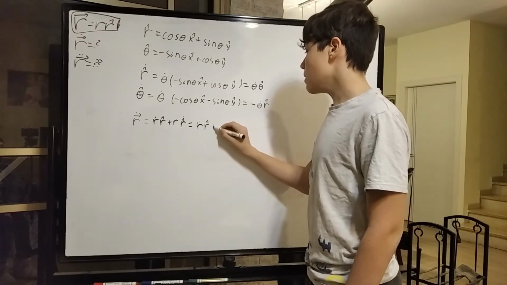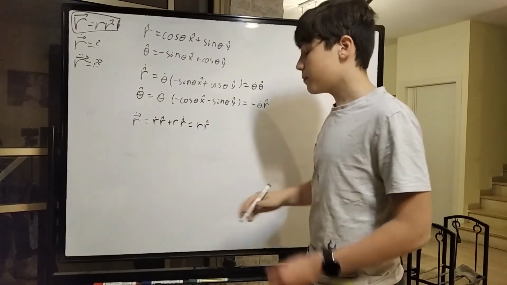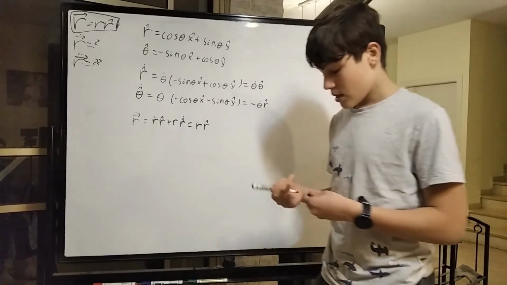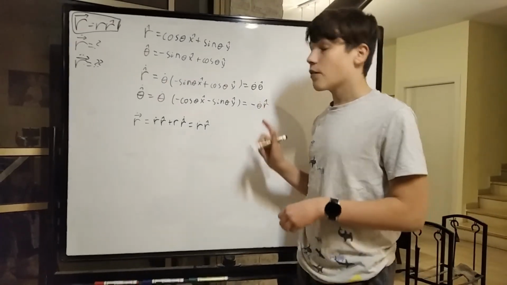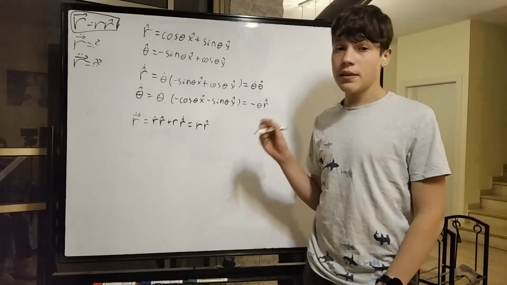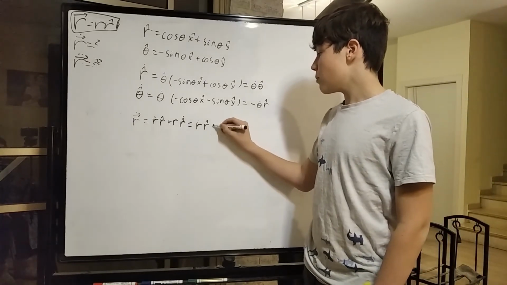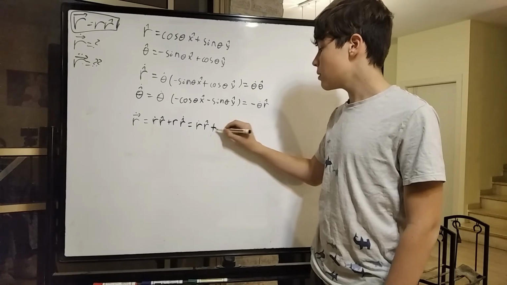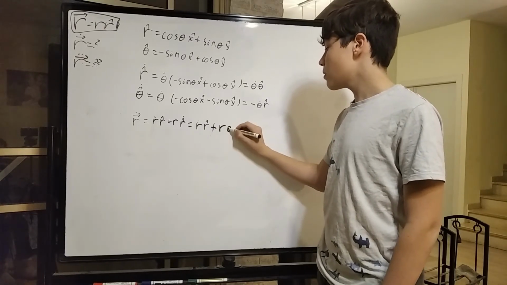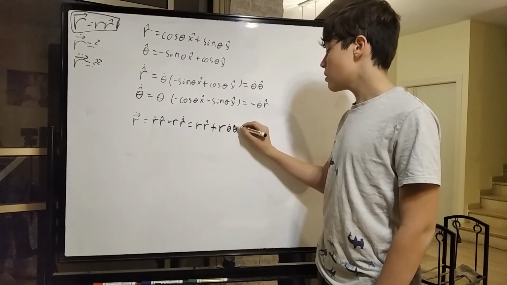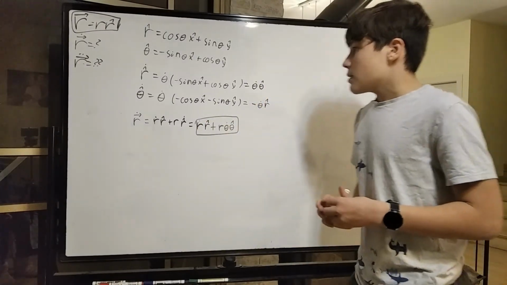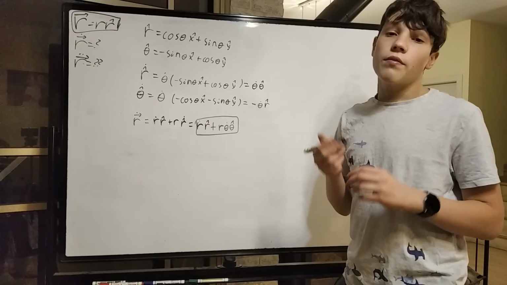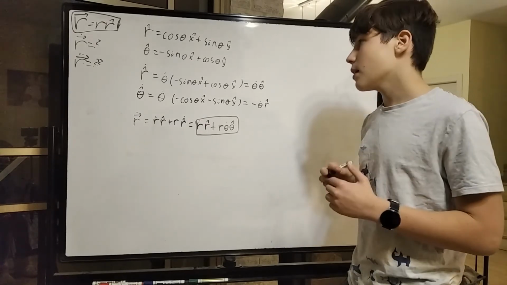So we just replace r hat dot with theta dot theta hat, and we get plus r theta dot theta hat. And this is our formula for velocity with respect to time.